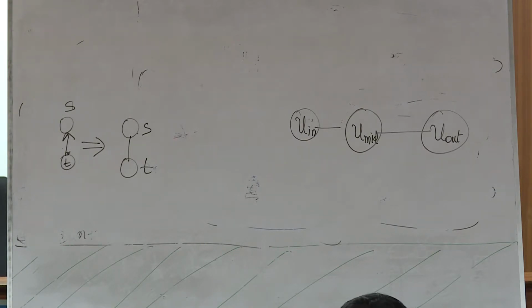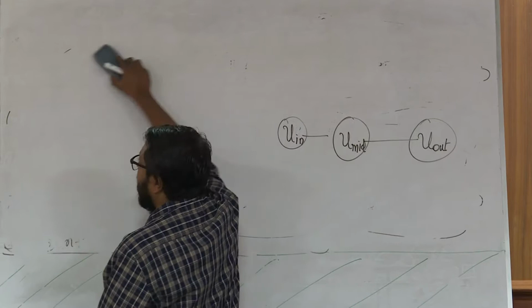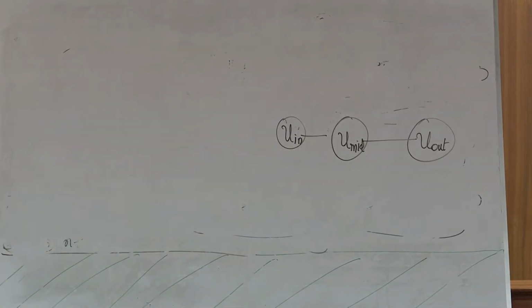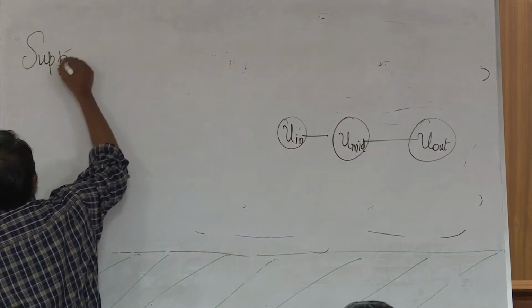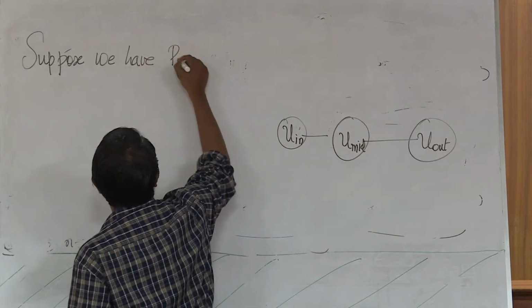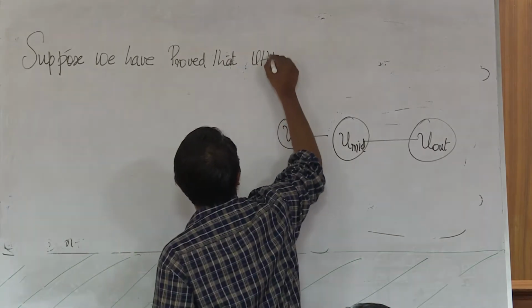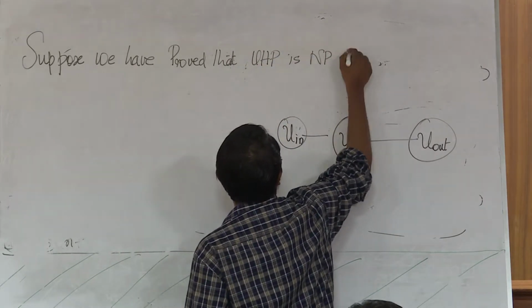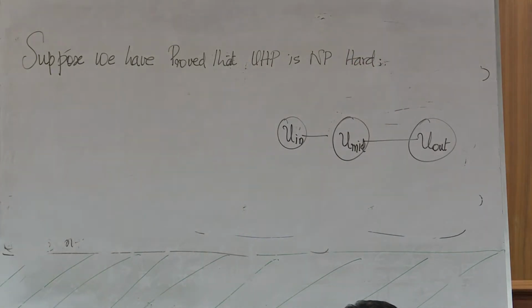Now, I want to get another reduction, assuming that undirected Hamiltonian path is solved. I can define the problem undirected Hamiltonian cycle.